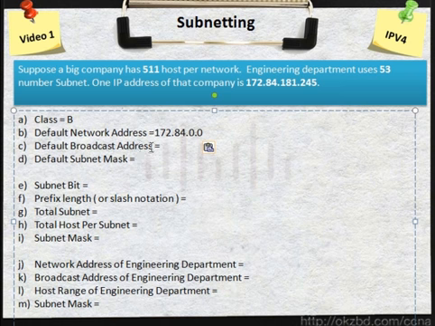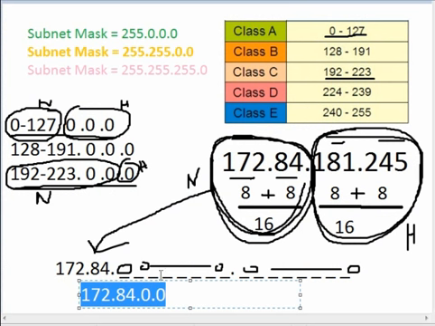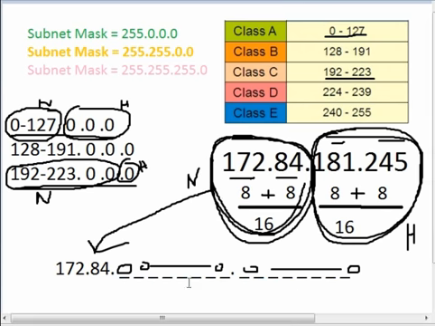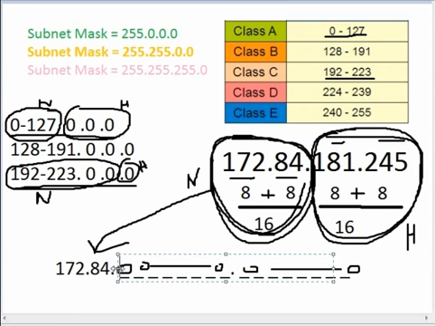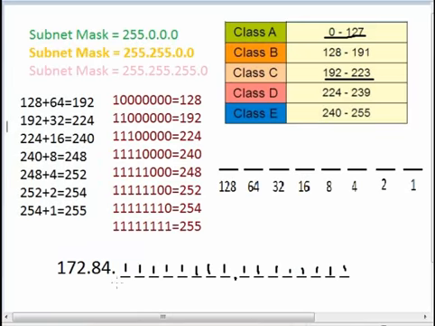And for the default broadcast address, these will be all 1. From left to right, when the first bit is 1, it means 128.